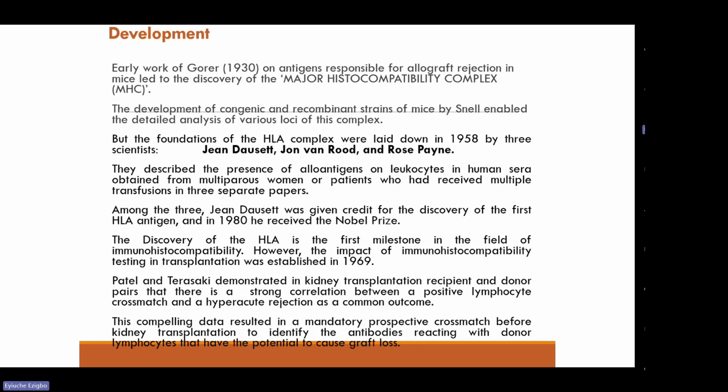So they continued to investigate and discovered a lot of immune reactions. For example, during kidney transplantations, they observed that persons with a high positive leukocyte cross-match had a tendency toward tissue rejection, that is, hyperacute rejection of a transplant.